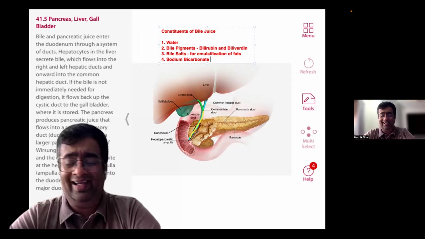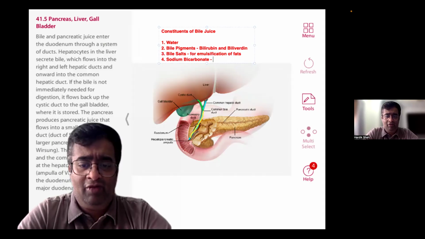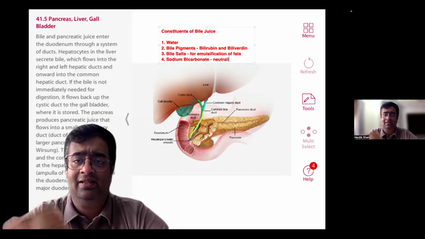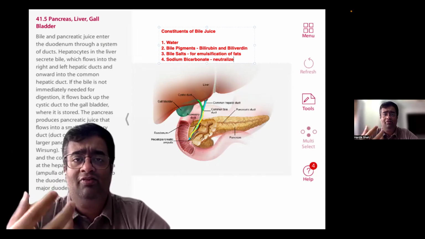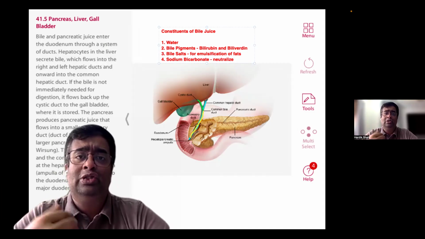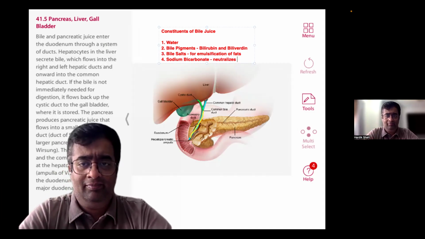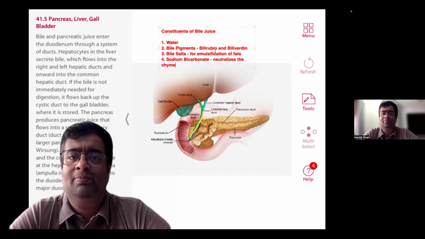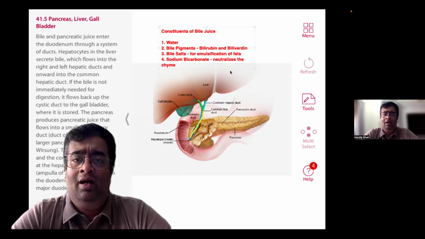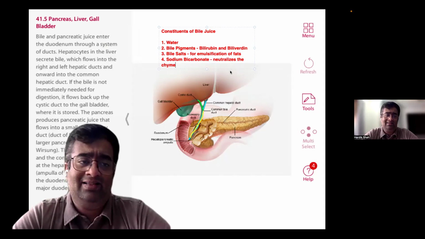Sodium bicarbonate again plays a very key role because it helps to neutralize the chyme. If you remember, chyme is basically the contents coming from the stomach. After partial digestion in the stomach, the food is converted into a pulp-like form called chyme, which is neutralized by sodium bicarbonate. This neutralization is important because the enzymes present in the pancreatic juice as well as in the intestinal juice cannot act under acidic medium.